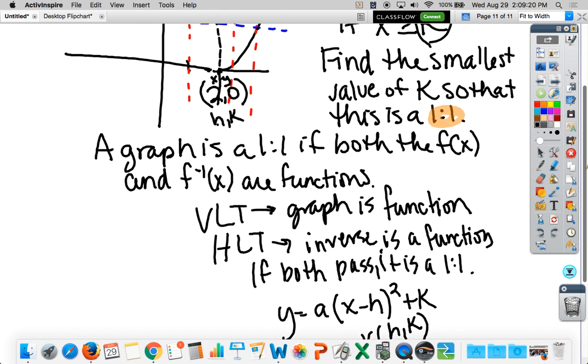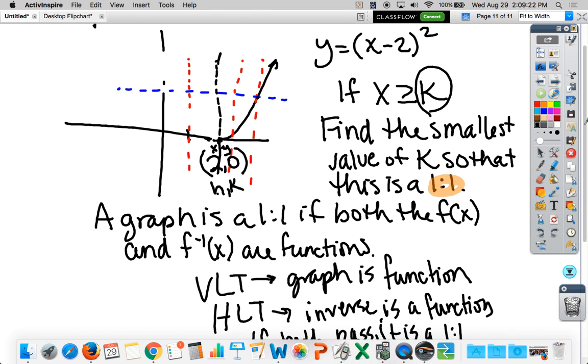So the short of it is, the x value that this splits at to make this an inverse is x equals 2. Every time. The x of the vertex. Because when I flip it and make it the inverse, then that becomes your y. So that's why the k is in there.